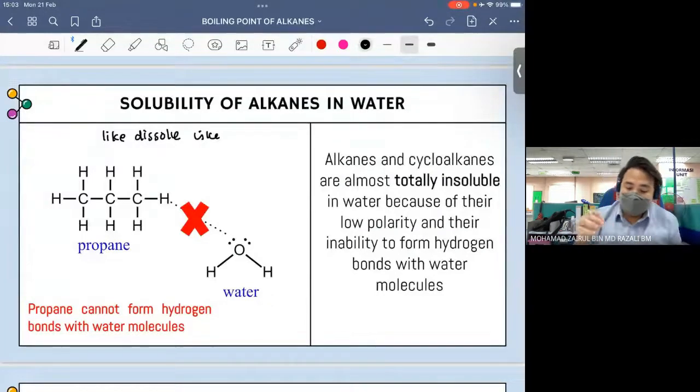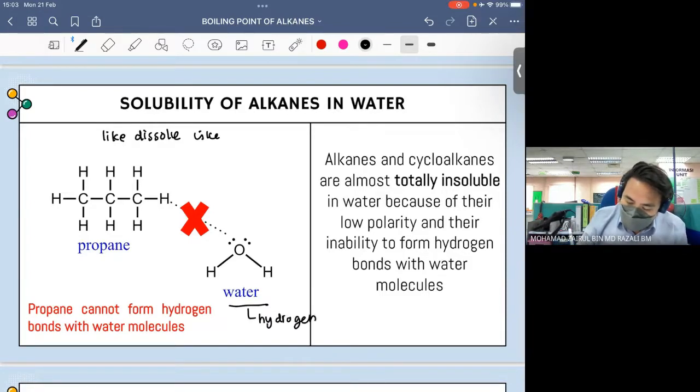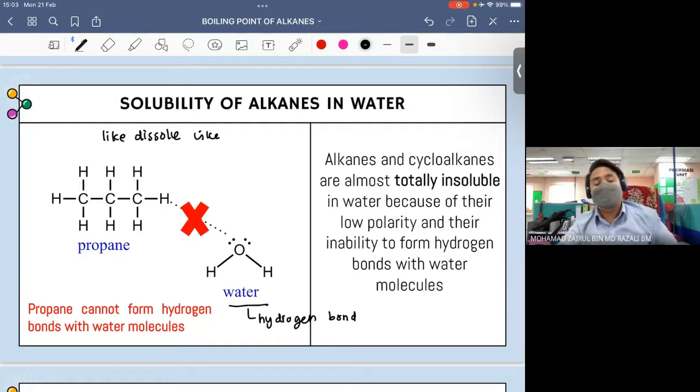So kalau awak tengok a molecule of propane, if you try to dissolve an alkane in general and also cycloalkane in water, we know that in water, the intermolecular forces that exist between a molecule of water adalah hydrogen bond. For an alkane pula, a simple alkane, yang maknanya dia hanya ada carbon, hydrogen, tu hydrocarbon.